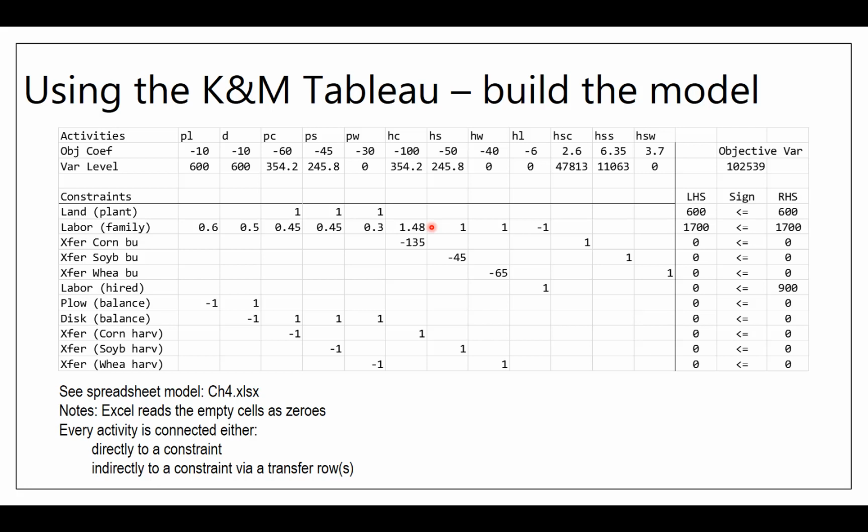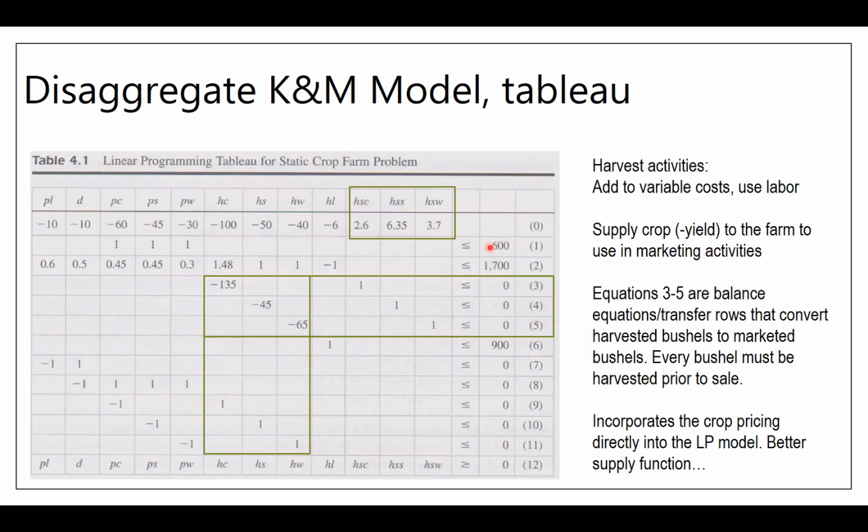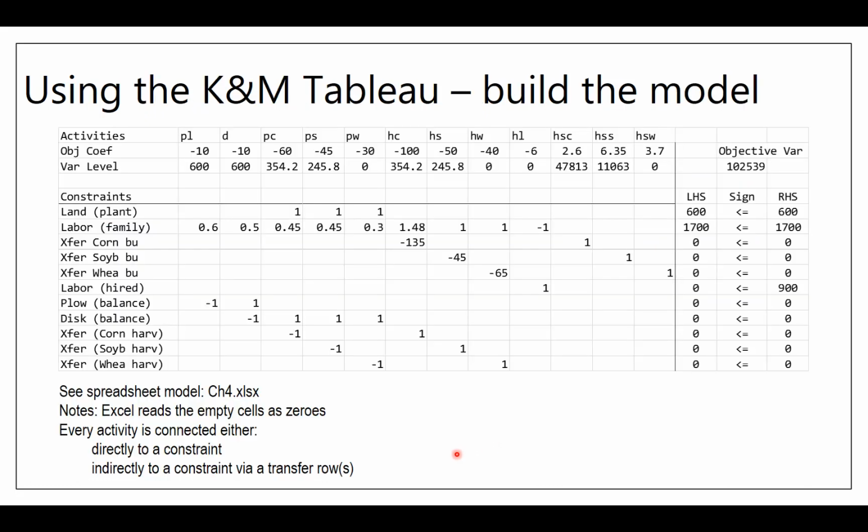Okay, if we were going to build this in a spreadsheet, there would be no reason to deviate from this tableau setup that they have. They have activities in the columns, they have equations or constraints making up all the rows, and so we could do that exactly the same as they've set it up, just do a direct copy over into the way we've been setting up spreadsheet models.